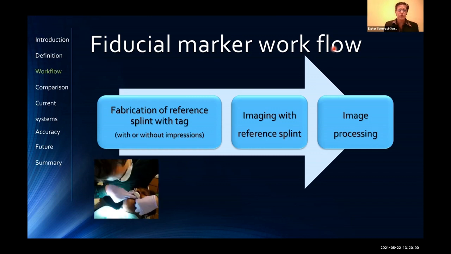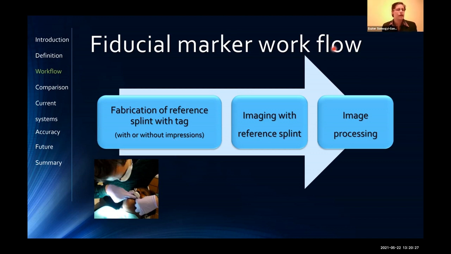The whole thing starts by making some kind of a splint or a tag that is going to have a reference in it. This can be done with or without impressions. And this is a nice advantage of these systems, that one can pretty much get the patient in, have the reference marker made, get the imaging done, and even proceed to surgery if absolutely necessary, pretty much within an hour.